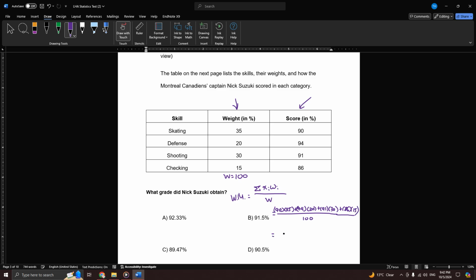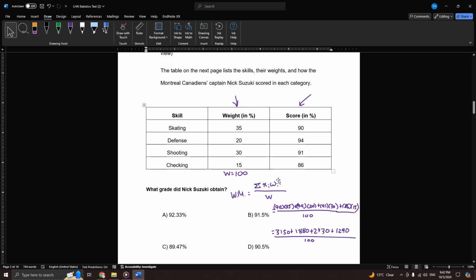All right, so 90 times 35, that's 3,150, plus 94 times 20, that's 1,880. 91 times 30, that's going to be 2,730. Oh, I wrote equals here. That should be plus. And 86 times 15, that's going to be 1,290. Okay. And we're still going to divide that by 100.